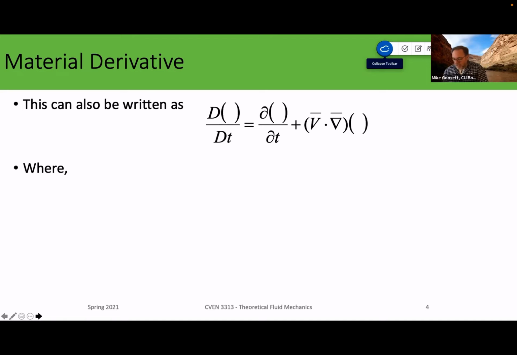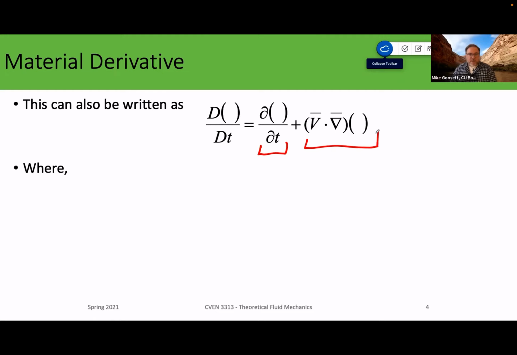And then the right-hand side, as we indicated before, has a temporal component, and then it has some components that are related to variability in space here. Okay, so the v vector here, of course, could have x, y, and z components.